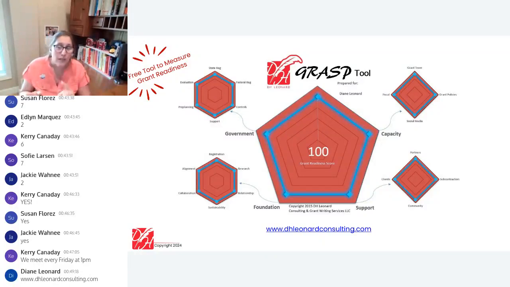For foundation grants, you can have a lower score and be consistently competitive. The score is not a direct indicator of your likelihood of success. But having had many hundreds of groups take the tool over the last 10 years, what we have validated is that there are some ranges that are most promising for ongoing sustainable success.